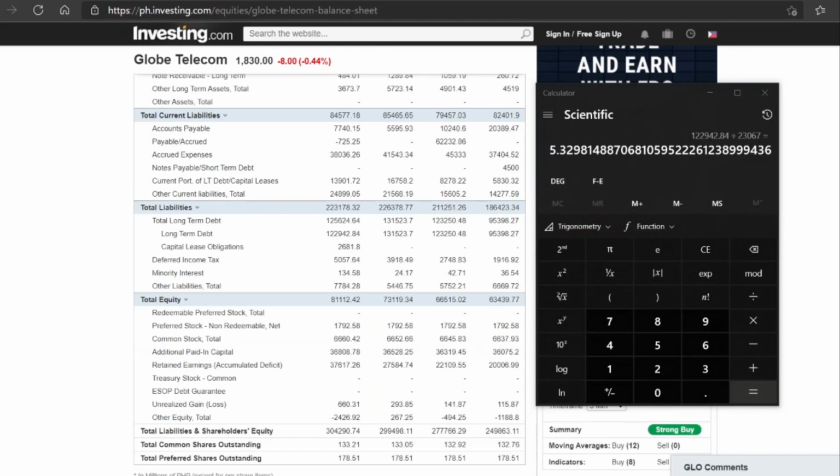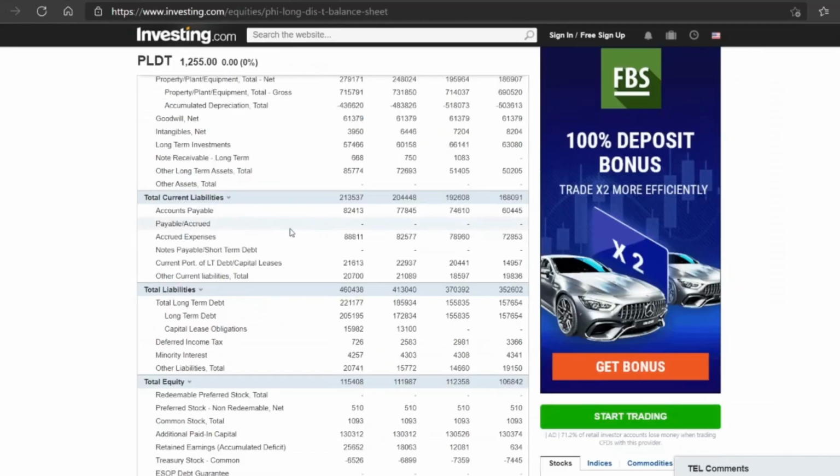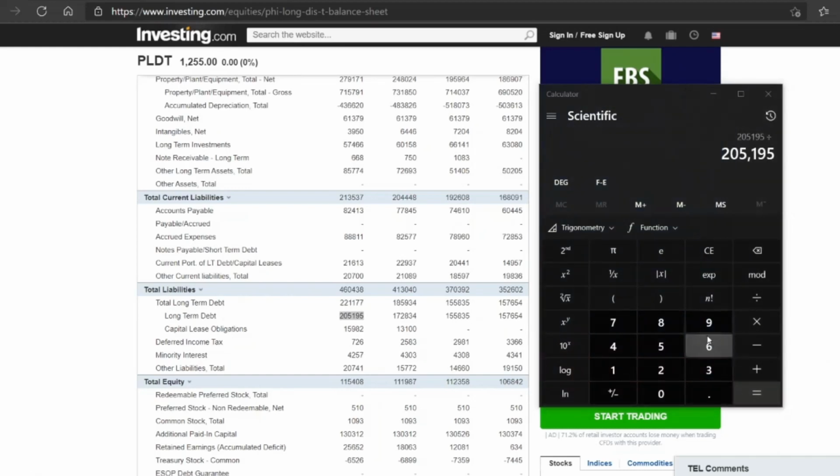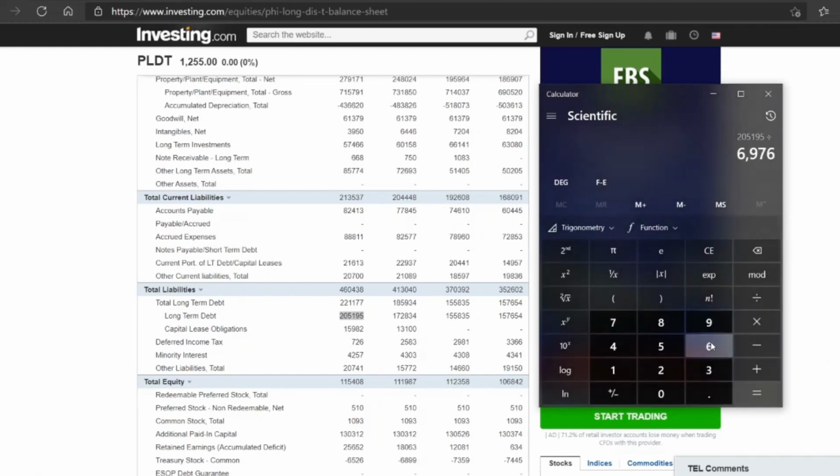Now, we look at PLDT. So if we take their long-term debt and divide by what we computed a while ago, wow, that's a long time. So this one is an X for PLDT.